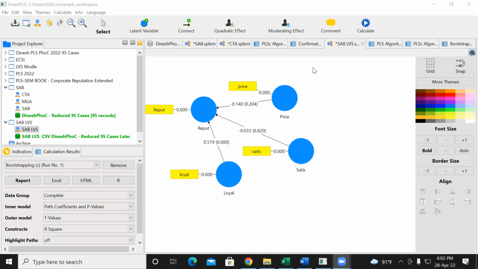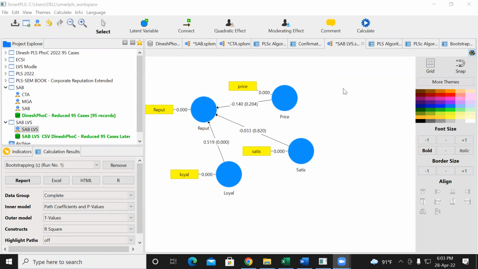Hope you understood, but sometimes this last part, latent variable scores, may be something new to you, but that is very important. Remember, one day if you use R software in addition to your analysis, sometimes you have to combine PLS or Amos with R for some advanced analysis, with programs like R Studio.